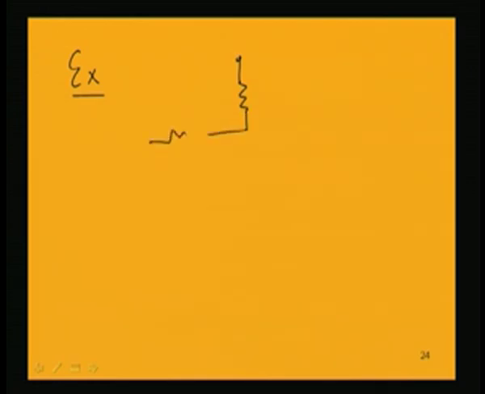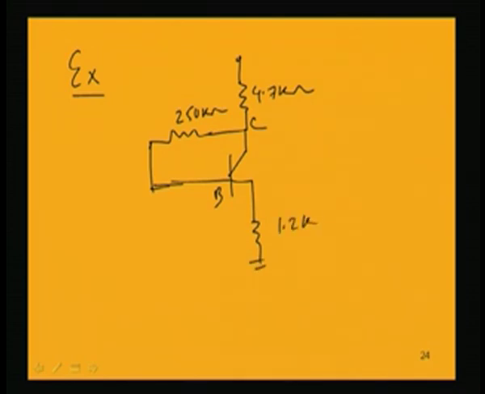The transistor has this 4.7 K, here 250 K, and this collector point is fed back to the base through this 250 K resistance, and we have this 1.2 K. In this case VCC is 10 volt.